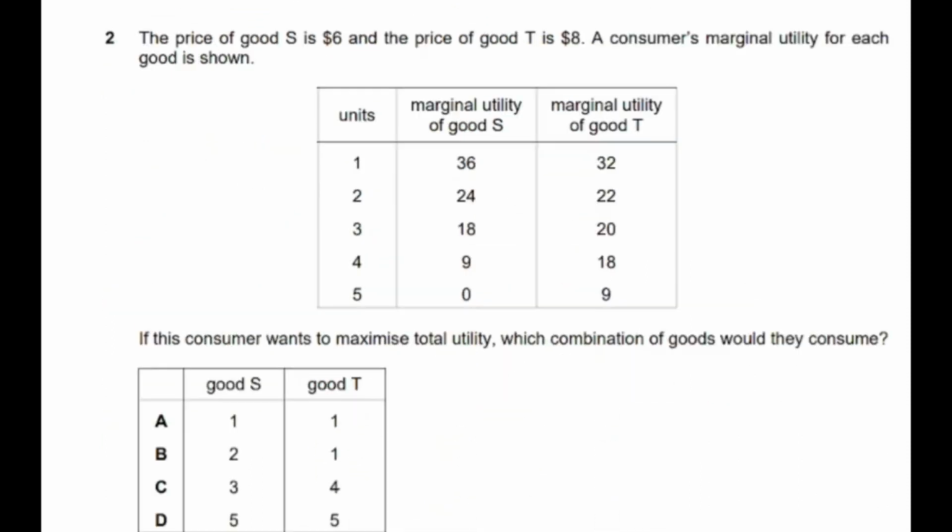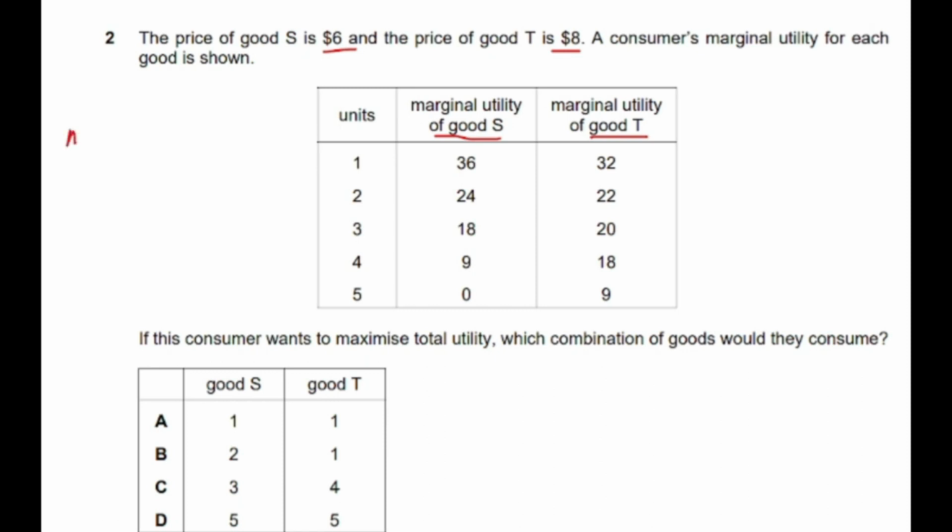Moving to question number 2, the price of good S is $6 and the price of good T is $8. A consumer's marginal utility for each good is shown. These are marginal utilities of good S and these are for good T. If the consumer wants to maximize total utility, which combination of goods would they consume?